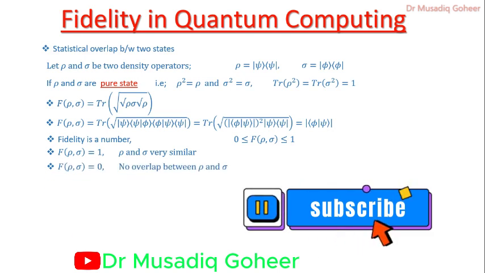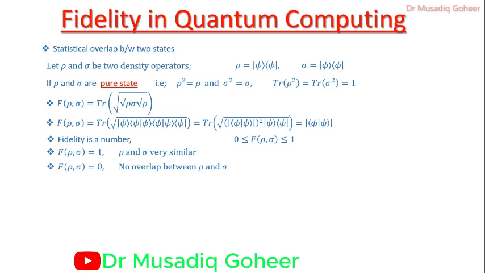If fidelity is equal to 0, then there is no similarity or no overlap between rho and sigma. So if you calculate fidelity and it is nearly equal to 1, you can say that the two states are very similar and there is stronger overlap between them. And if it is equal to 0, it means there is no overlap or similarity between these two states. Okay, this was the check for pure states.